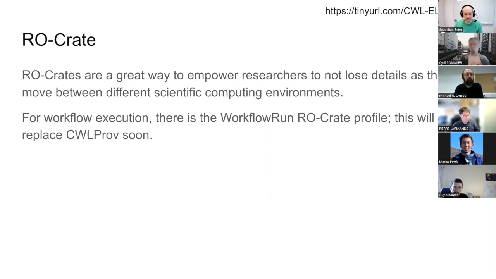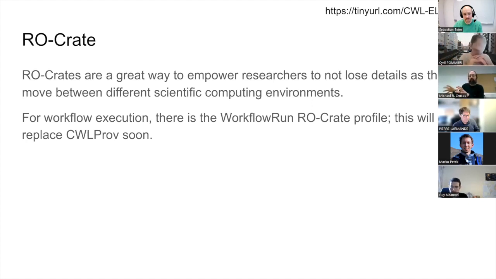One of the reasons for AeroCrate over the older research object bundle is it's actually simpler. It's simpler to implement, and I find it easier to read. So I think what I'm hearing is there could be a community-specific AeroCrate profile that says, well, there should always be an ISA tab, and it needs to validate to this version of this MyAPI, and what other particular community requirements in there.